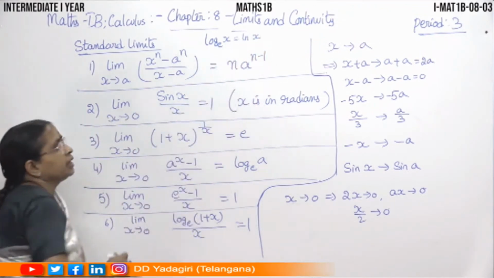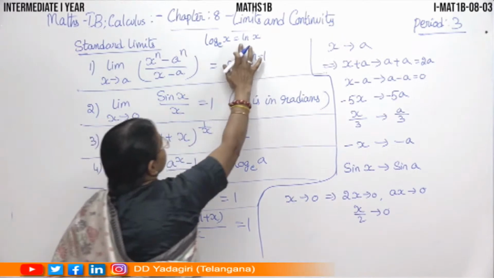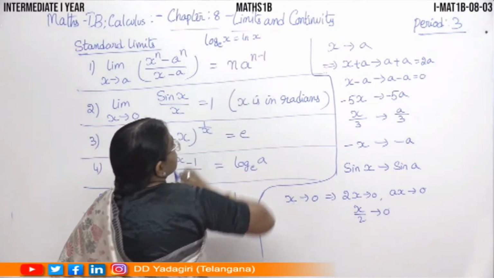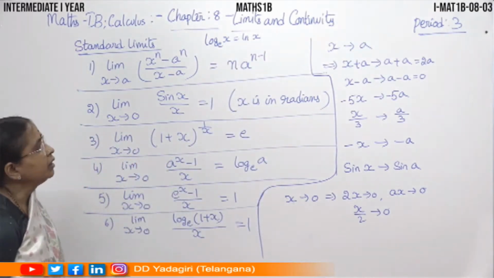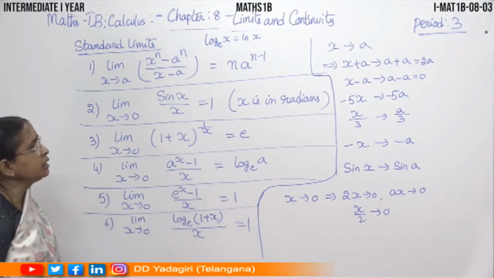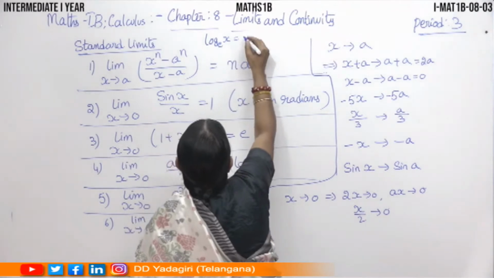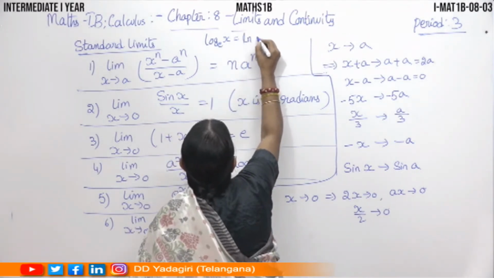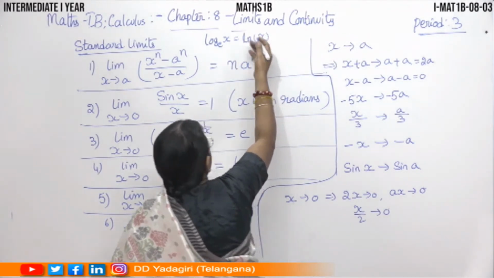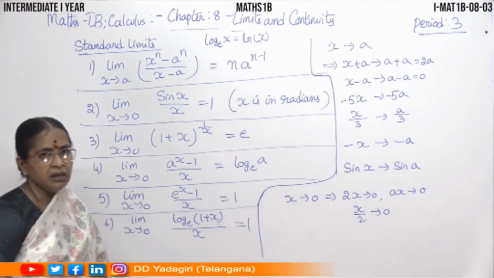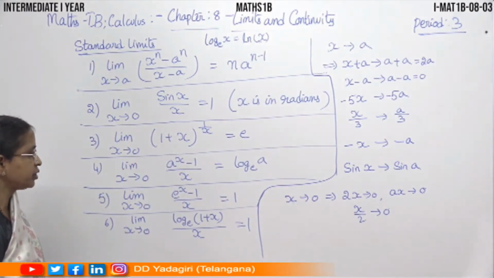When ln of x is written, e is not necessary. It is understood that the base there is e. In some books this notation is used instead of log x to base e. ln of x is written. So it is understood that the base is e. There e need not be mentioned.